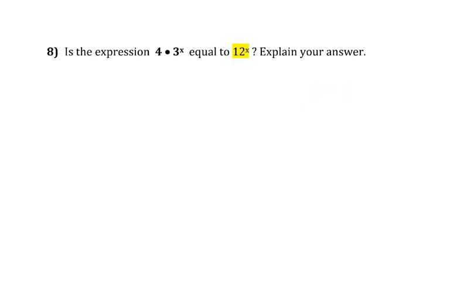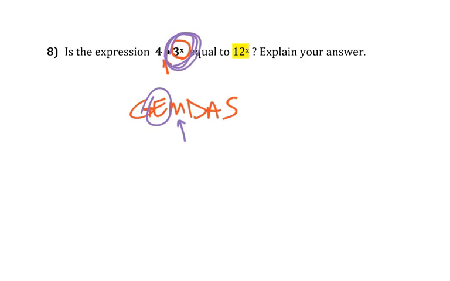Okay, another thing that you could say or think about is that when you're looking at 4 times 3 to the x, this is an exponent and this is multiplication. If you think back to your order of operations when we talked about GMDAS, what comes first? The exponents come before multiplication does. And so with 3 to the x power, I cannot say, well, I'm going to do 4 times 3 first and then I'll raise it to the x power. It doesn't work like that.